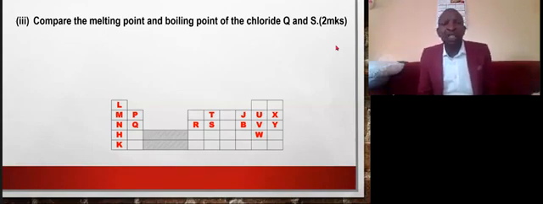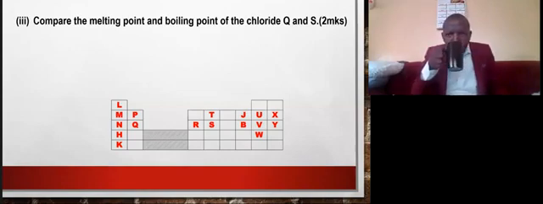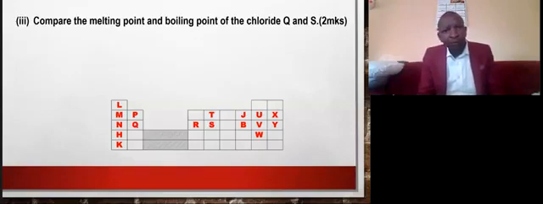Now, without wastage of time, can we compare the melting point and boiling point of the chloride of Q and chloride of S? Somebody? The chloride of Q has a higher melting point and boiling point than the chloride of S. Tick, good.